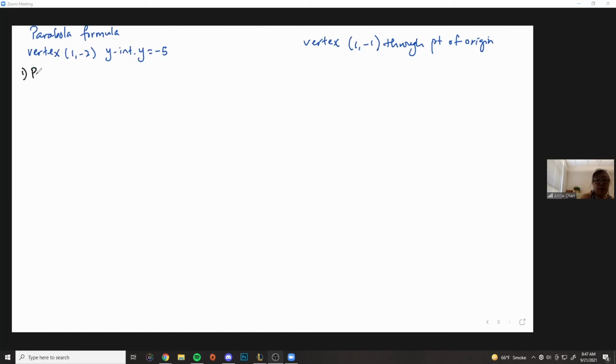So put the vertex into the vertex form equation. And that would be y equals a, x minus 1.